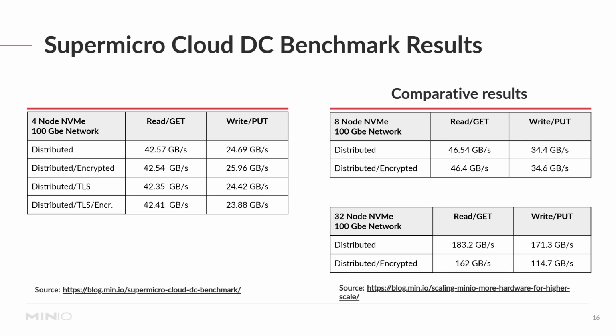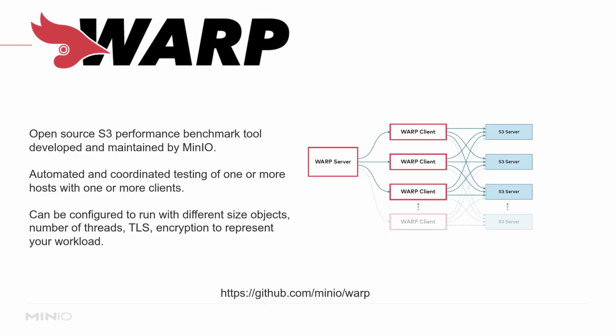But if you extrapolate, you can see that this Supermicro hardware is pretty great. Also, for further reference, you can check out our blog and click on performance, and you'll see a full write-up of these benchmarks, or you can download the complete white paper, which explains every step that we took.